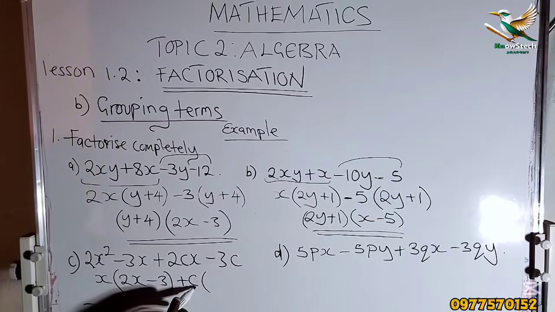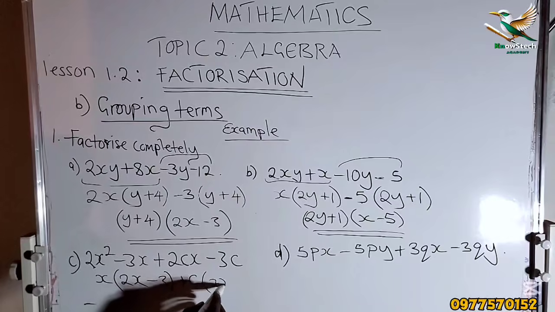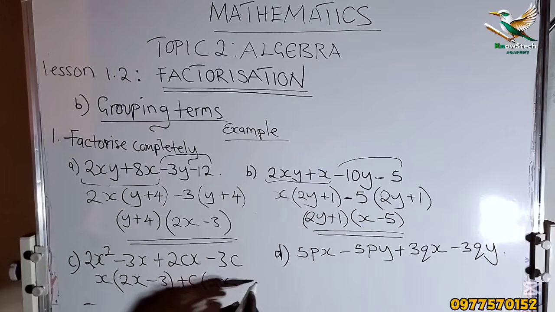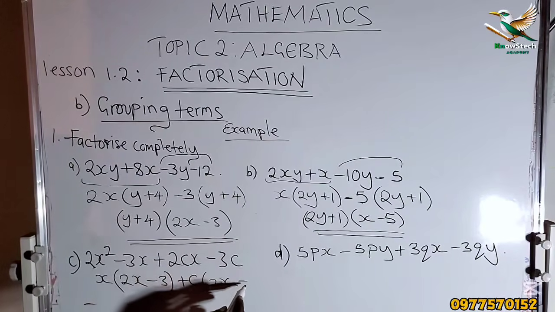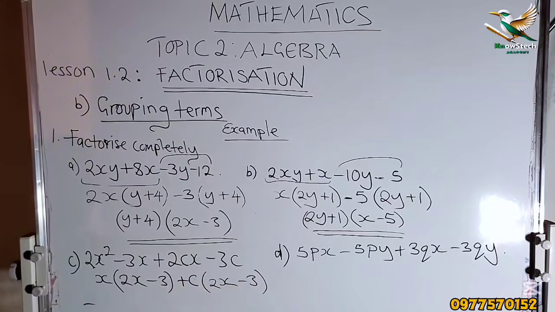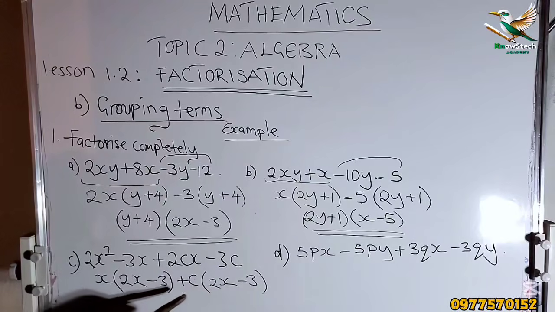So c and c will cancel, remaining with 2x. Positive, negative is minus. This c and that c will cancel, remaining with 3. You see? They're just equal, the same here. All right? They're the same, meaning we're doing the correct things.